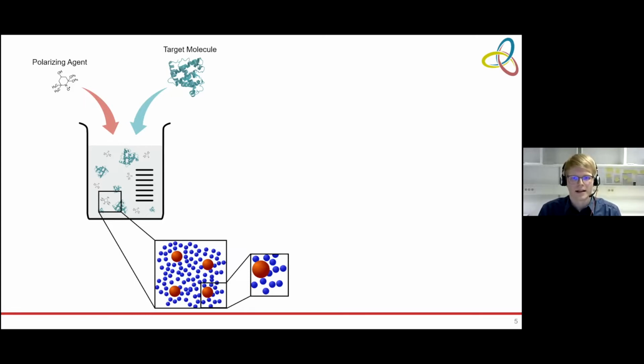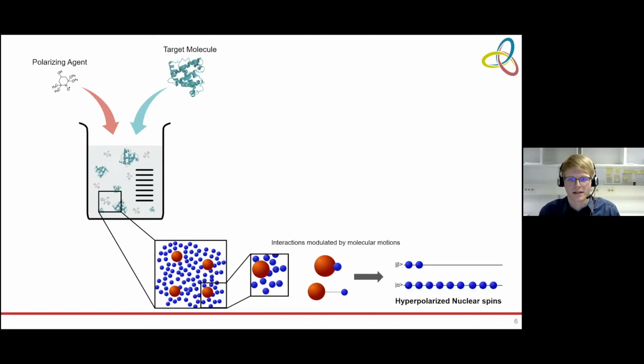This interaction, called hyperfine interaction, is modulated by molecular motions. For instance, we can have modulated hyperfine interactions of dipolar or Fermi-contact nature. These motions can then induce polarization transfer via cross-relaxation, and the result is hyperpolarized nuclear spins.